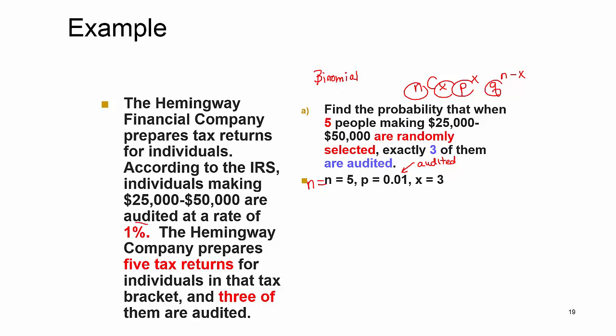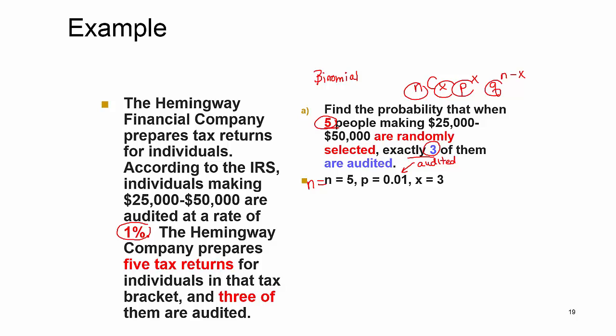Probability of getting audited is 1%, so we make that a decimal and it's 0.01. Now x is 3. So when you look at this, you're going to have 2 numbers, 5 and 3. So 5 is larger, that's going to be the total. 3 is the number that we want to get audited.